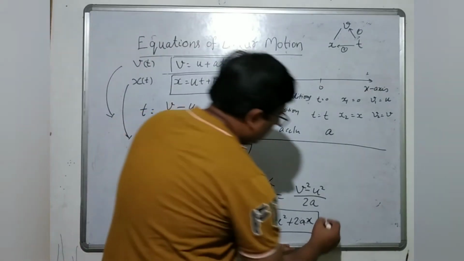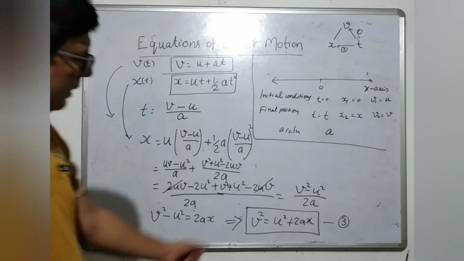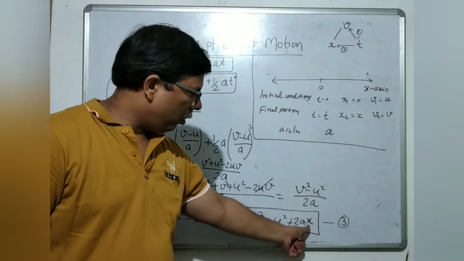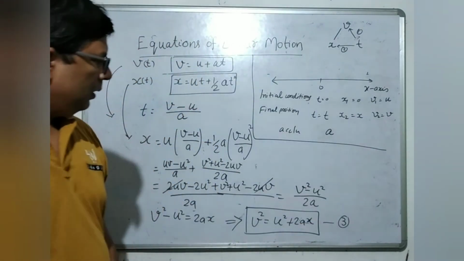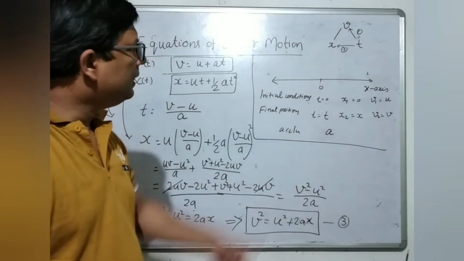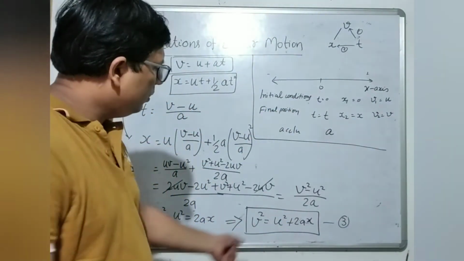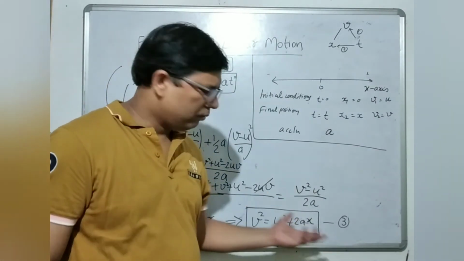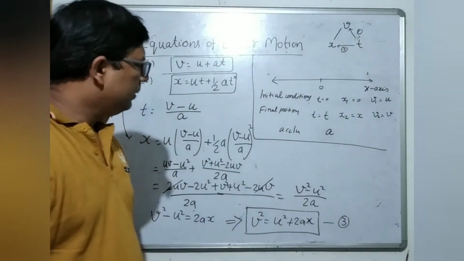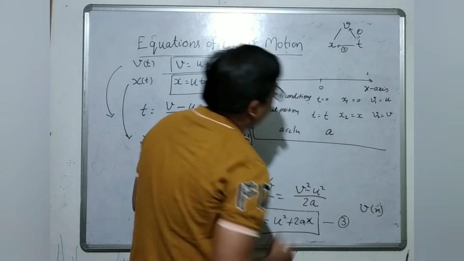So this is our third equation. Here we are saying that the velocity at a particular time depends just upon the displacement, because u square, u is constant, since we have taken that at t equal to 0 the velocity is u. So this is also a kind of constant in this equation. So the only variable here is x. So we can say that we have achieved velocity with respect to x.